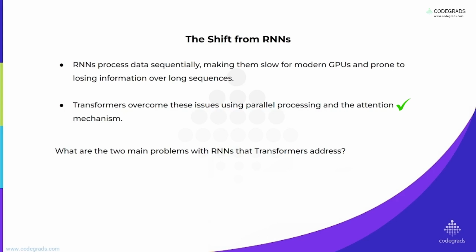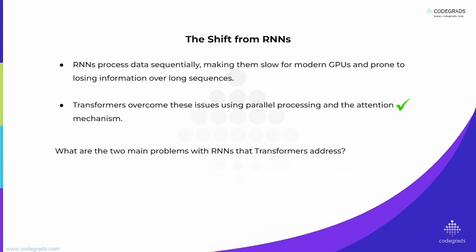In RNN, LSTM, or GRU, the input is read word by word, but transformers look at the full input at once. RNNs were hard to parallelize, whereas transformers are fully parallelizable.